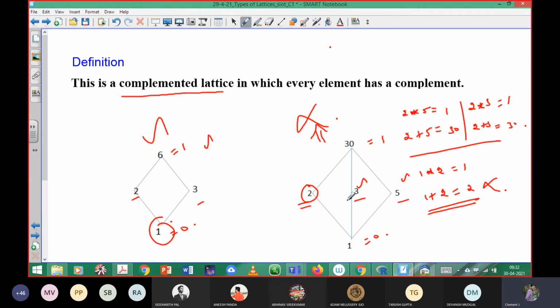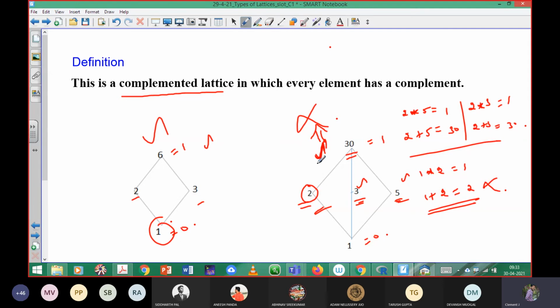Likewise, there will be some element whose complement could not be determined. Can you pick which element? I think I have taken a wrong example. Here, will it be possible to determine the complement element for each and every element? Yes, sir. So it's also complemented.